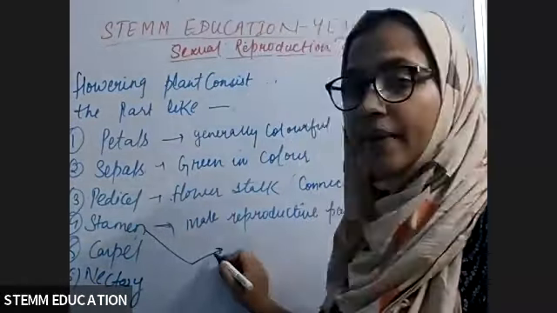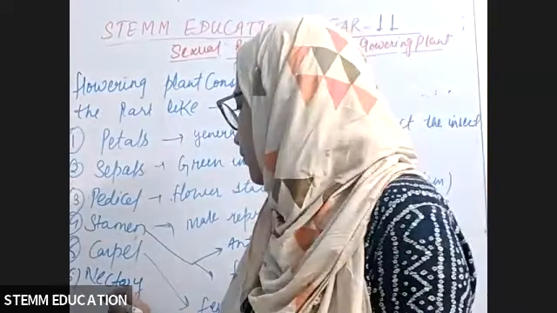Next one is carpel. Carpel is the female reproductive part of the plant, and it consists of stigma, style, ovary, and ovule.